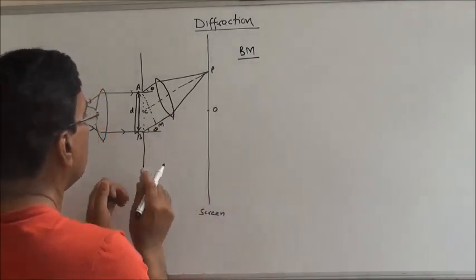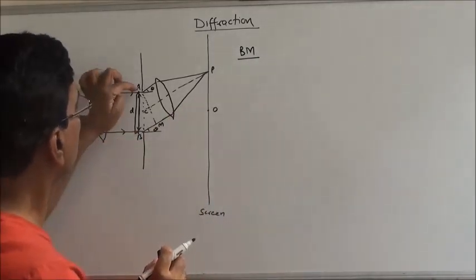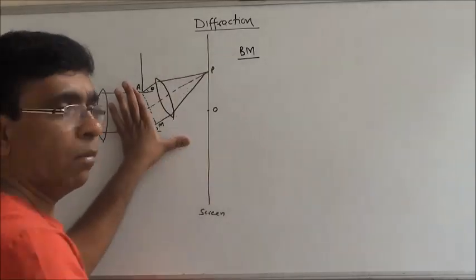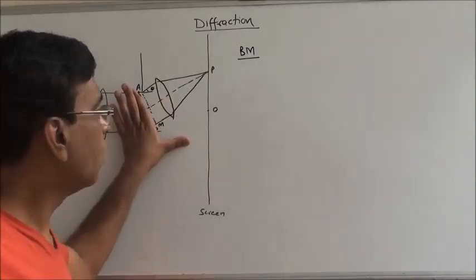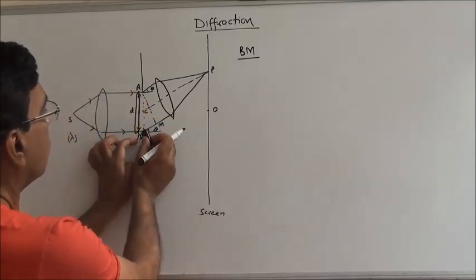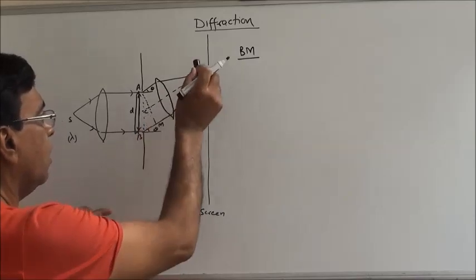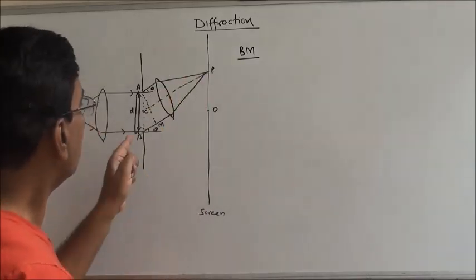This is the path difference between secondary wavelets going from A and B. After this, they have covered the same length of path, right? This is the extra path covered by B. So the path difference between the secondary wavelet from A and from B when they reach P is BM.